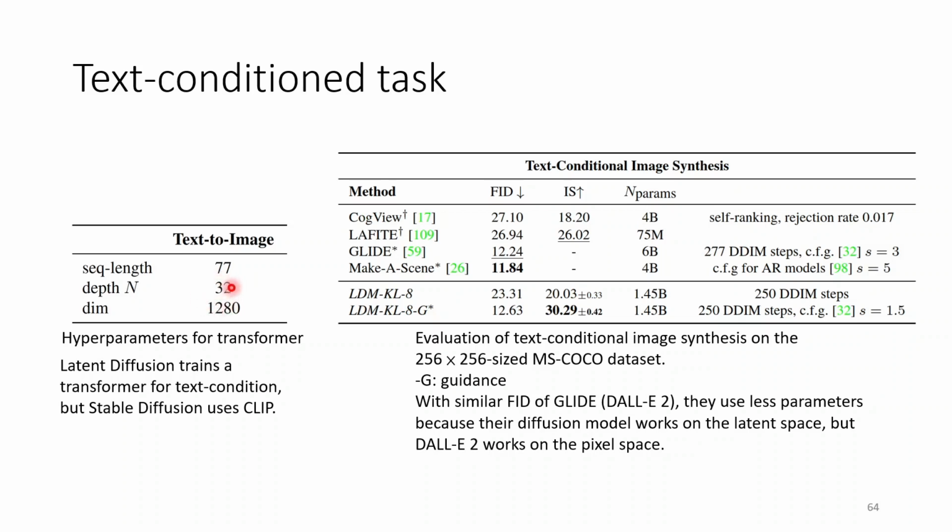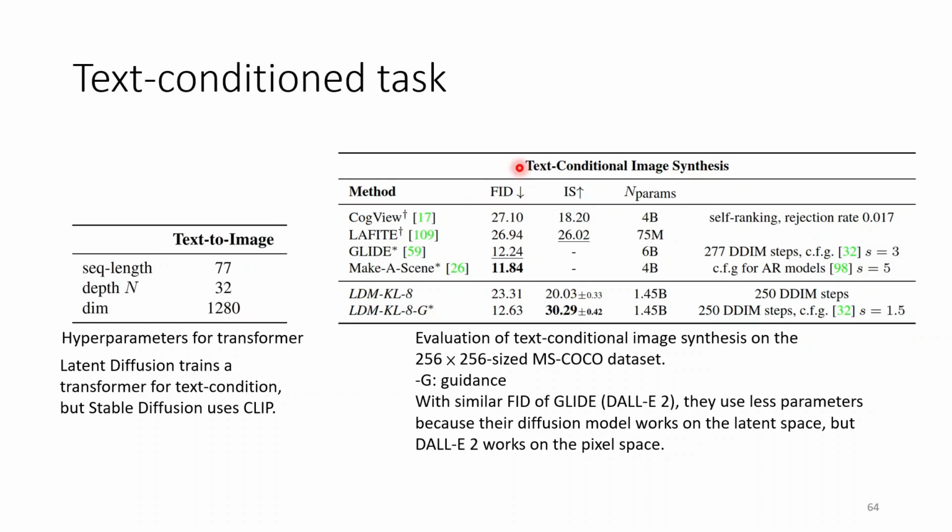And the depth of the transformer is 32, and the dimension is 1280. That's the reason the model for text-to-image latent diffusion is very large because of the transformer.